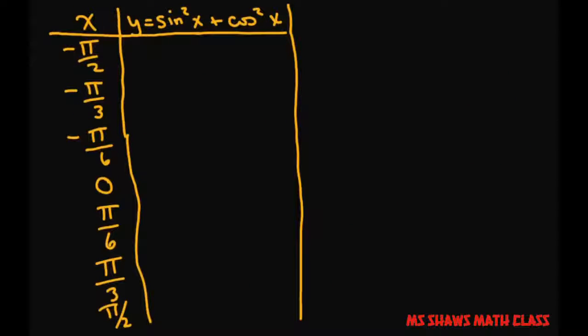This is where I'm going to assume that you know some of the radian values. I'm going to plug my x into this equation and get my y value.